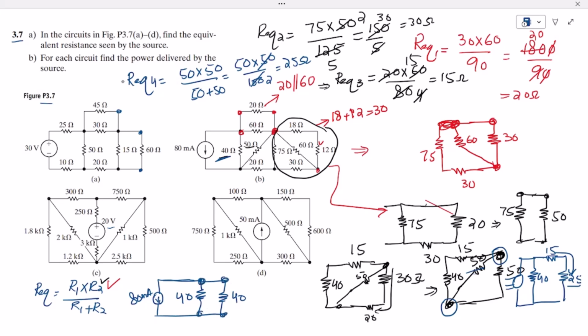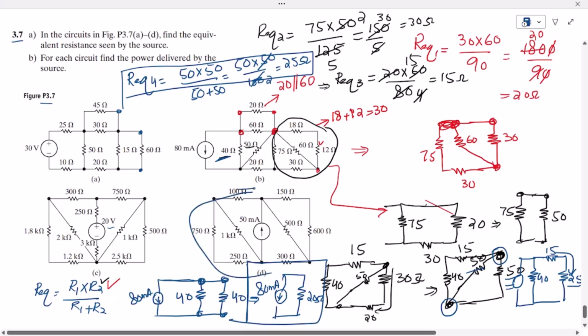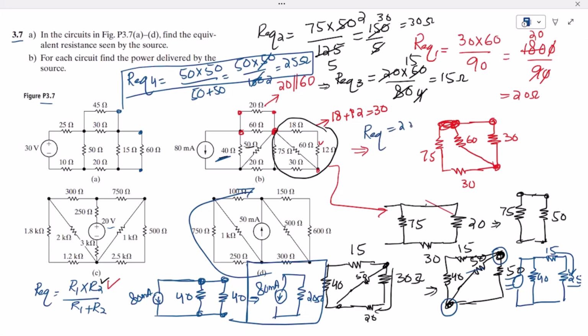So using the same condition, and what we have proved here, again we have two resistances which are the same in value, so the equivalent of them will be half of any one of them. So this will be only one resistor, which is 20 ohm, and this is 80 milliamps. This is the equivalent circuit, where our equivalent is 20 ohm.